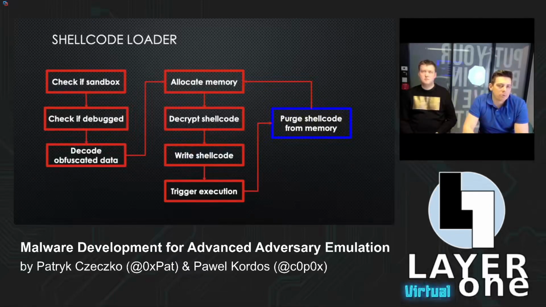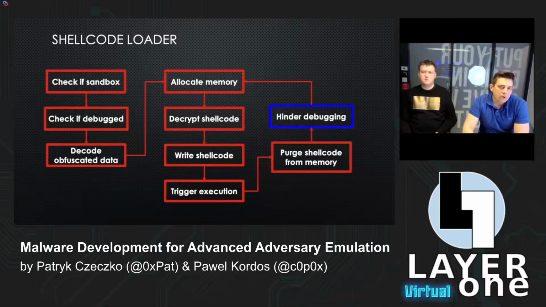So the EDR, for example, would have less chances of detecting this malicious stuff in memory. While doing this, we could also implement some anti-debugging features to make the debugging harder for an analyst, and we will talk about those specifics later.